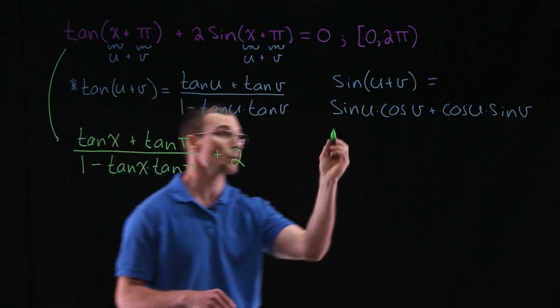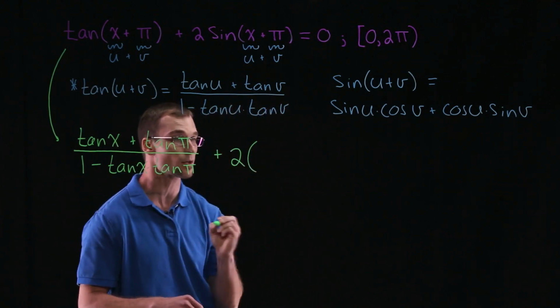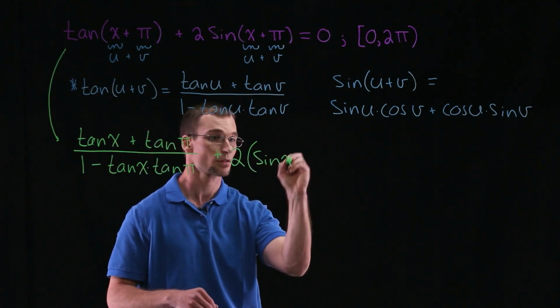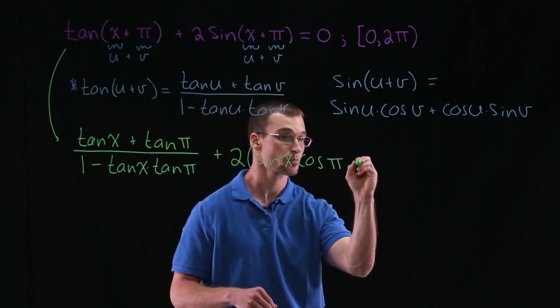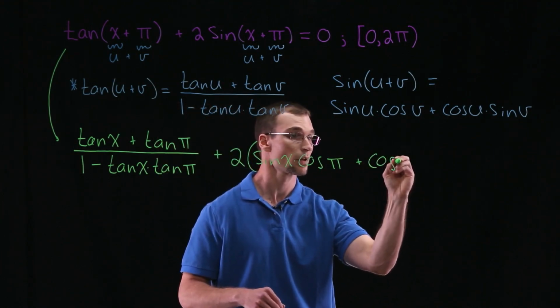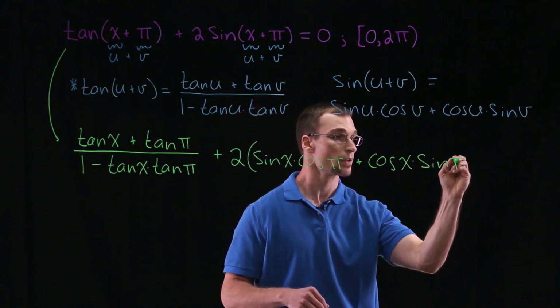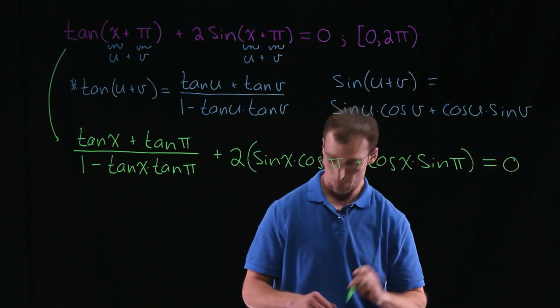And for sine of x plus pi, we're using the right-hand side of our sum formula. So it's going to be 2 times the entire quantity, sine of x times cosine pi plus cosine of x times sine of pi, and that again is all equal to 0.